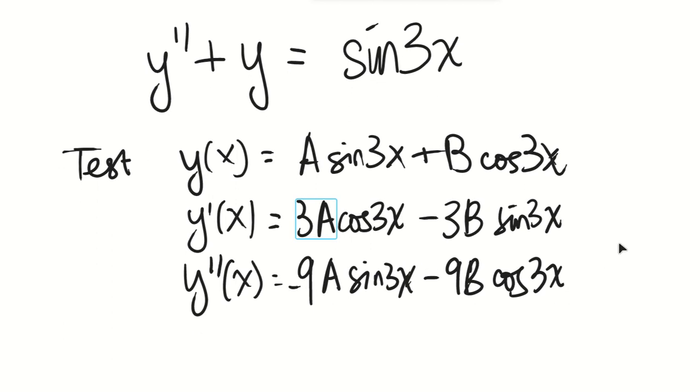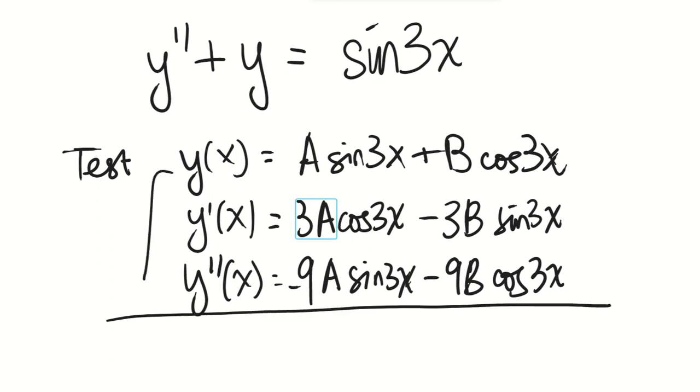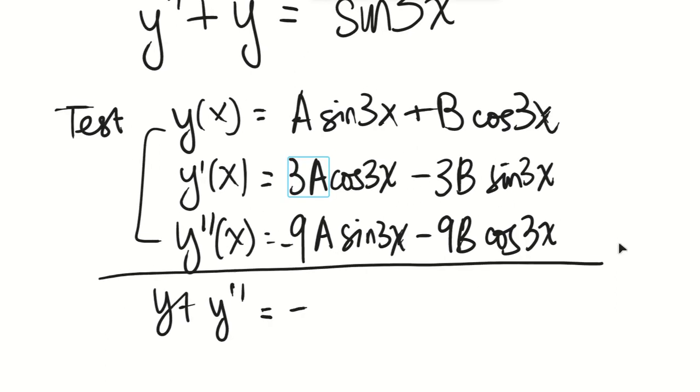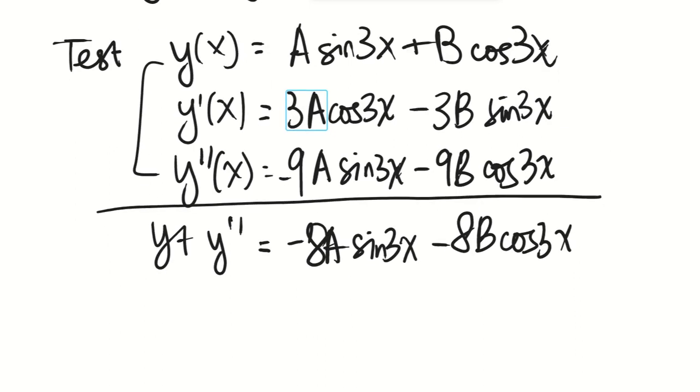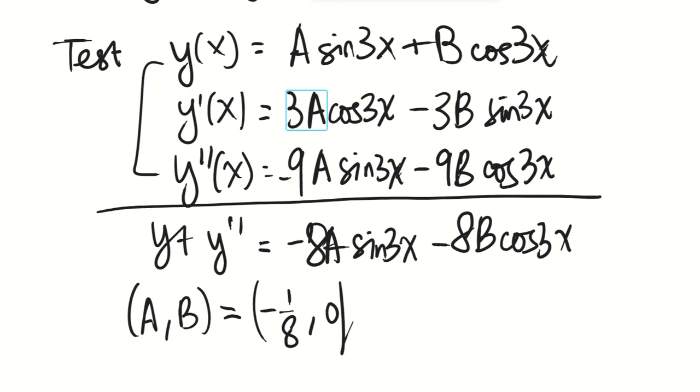So if the sum y plus y'' were to be equal to sine 3x, it must be equal to this. And we can obviously see a particular pair of a, b that works. So negative 1/8 for a and 0 for b obviously works. The right hand side will be sine 3x.